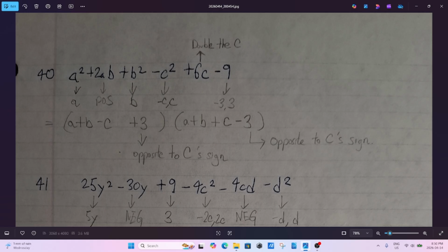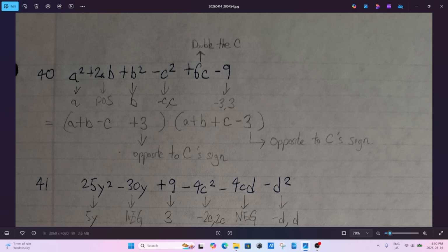And then we see that it's double the c, so that means it has to be plus 3c plus 3c, so to get 6c. And then you see that the negative 9, that's just negative 3 times 3.